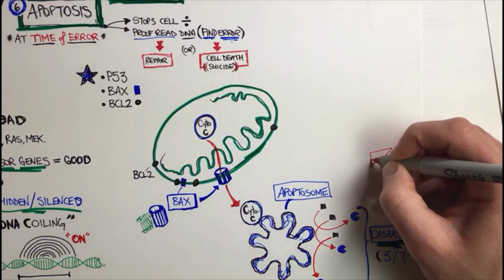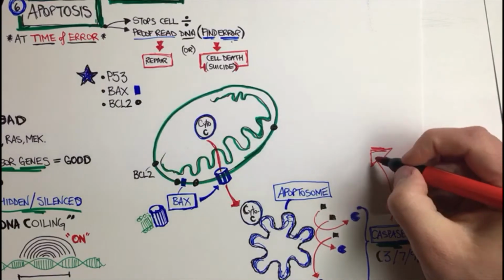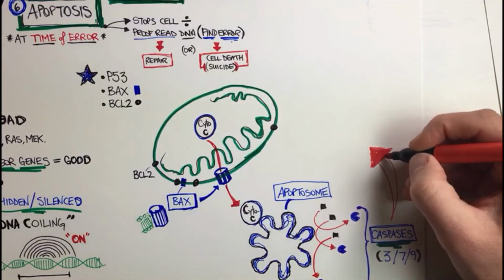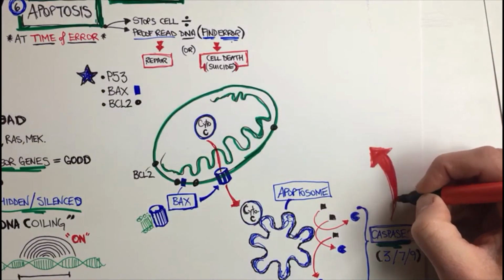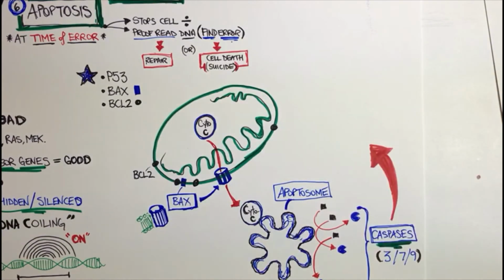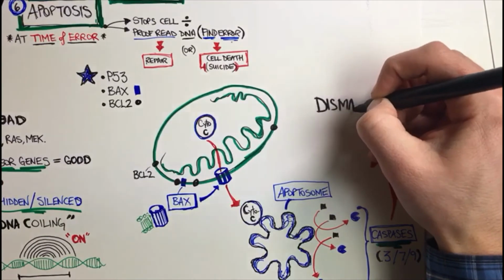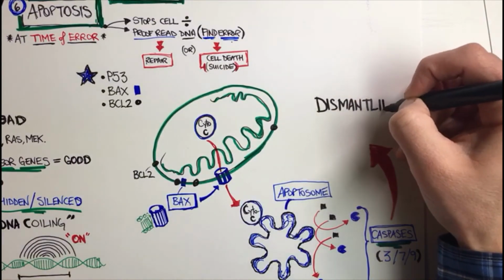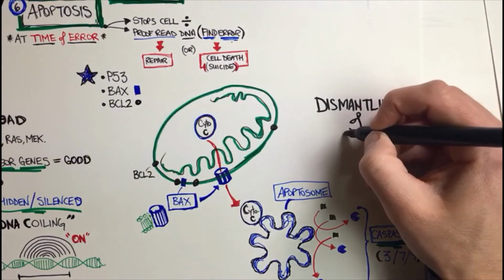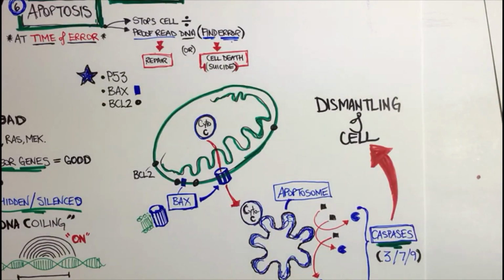So again, what we're looking at here is a dismantling of the cell. So the inhibition, the silencing of this whole cascade, apoptosis, cancer cells shut down apoptosis. They do not want to hear this. They do not want to have to deal with this because it is cell death to them.